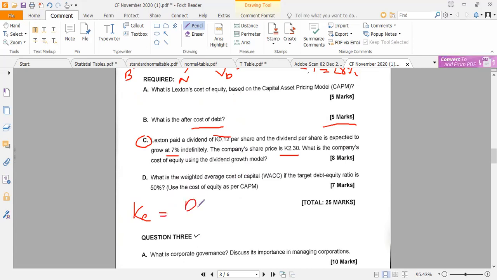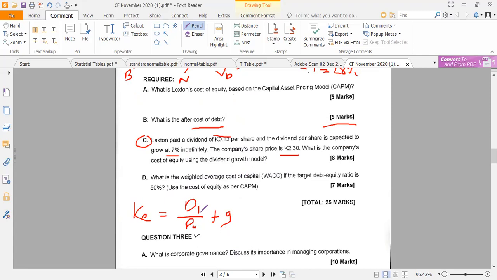D1 over P0 plus g. Good. So now the price that we have there is the price now.